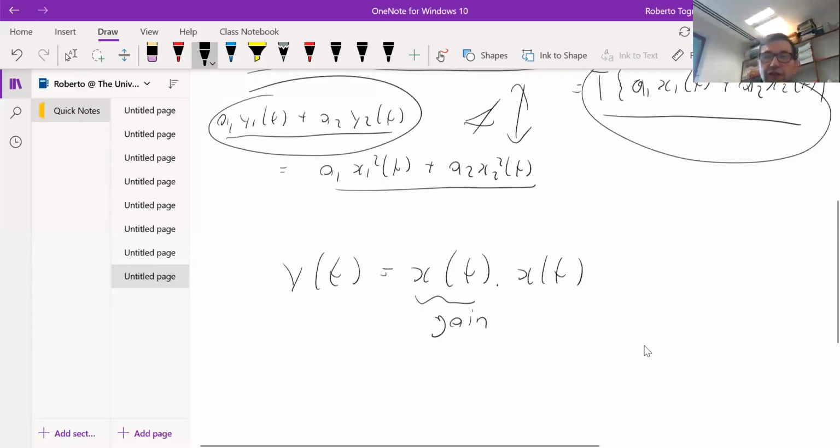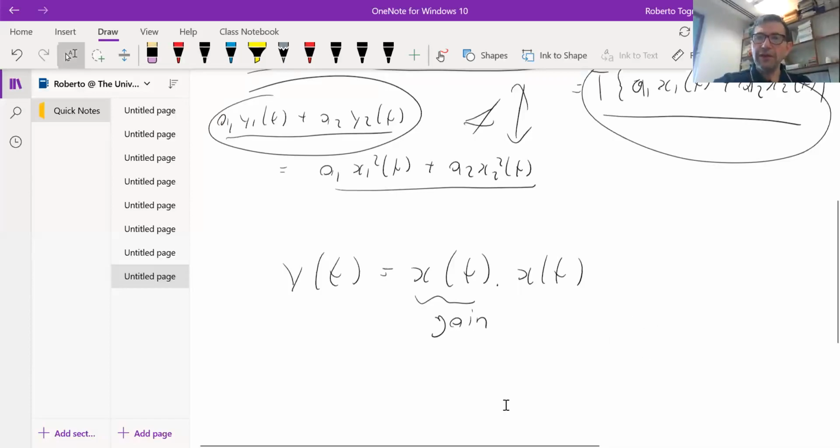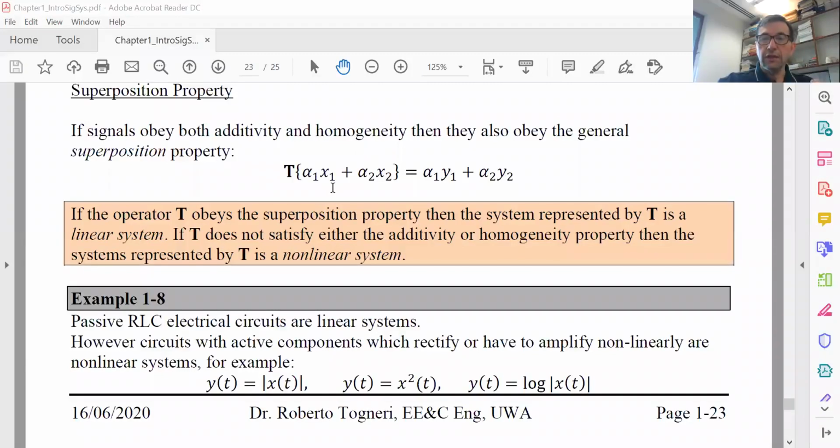So that's an issue. You can probably realize that linear systems are highly simplified, but very elegant, because it allows us to do exactly what we see here. It allows us to consider the analysis and design of a system for one input, because it's easy to do, and then you can easily extend it for multiple inputs because of this property here, because the behavior is predictable.